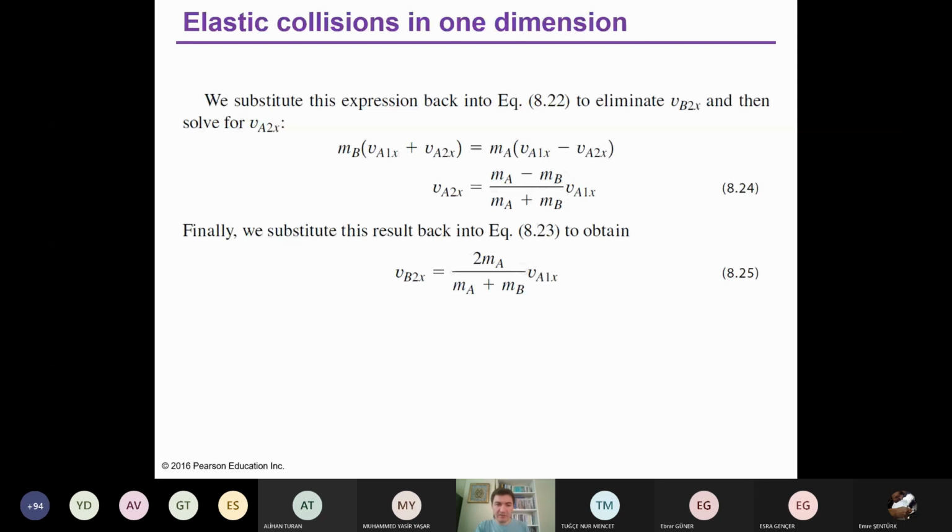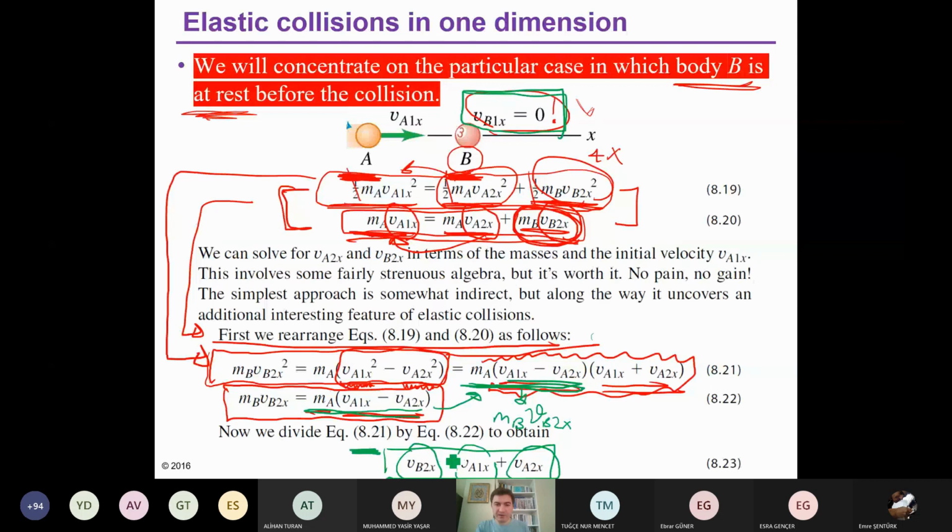We have final velocity of the B ball, initial velocity of the A ball, final velocity of the A ball. But I would like to calculate the final velocity of the B ball and the final velocity of the A ball after the collision independently. So how to get these two velocities?